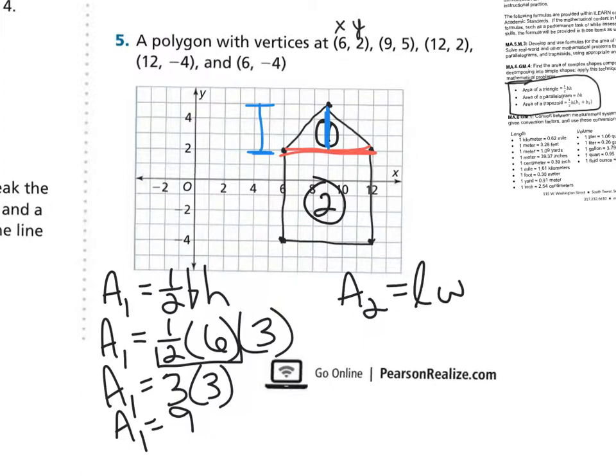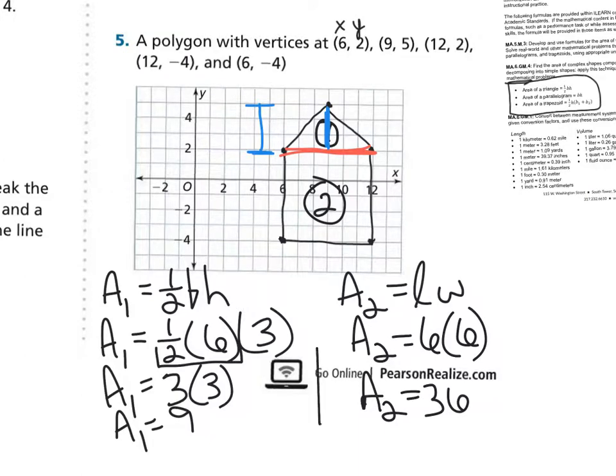One of the dimensions of this figure is 6. The other one is 6 as well. So this happens to be a square. I didn't detect that it was exactly a square, but remember, a square is just a special type of rectangle. So we multiply 6 times 6 is 36, so 36 square units.